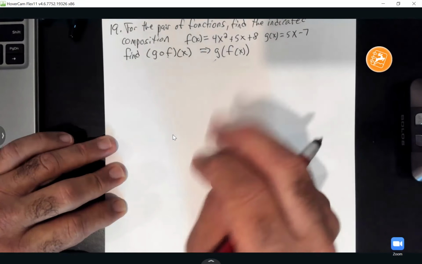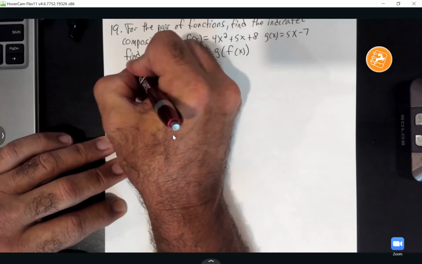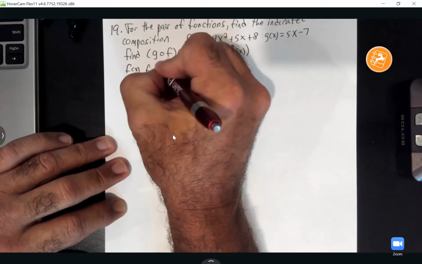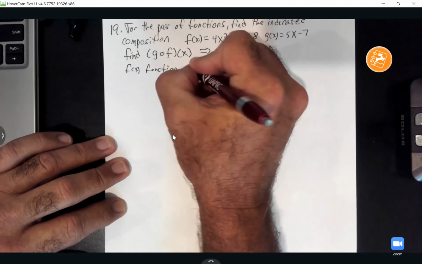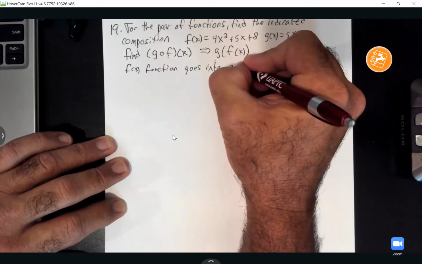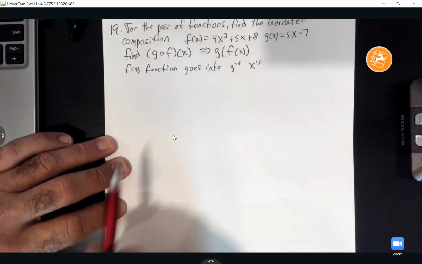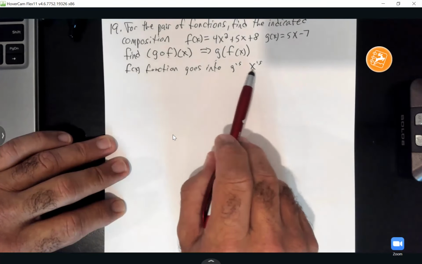So the f of x function goes into the G x's. So put the whole function into the G's x's.